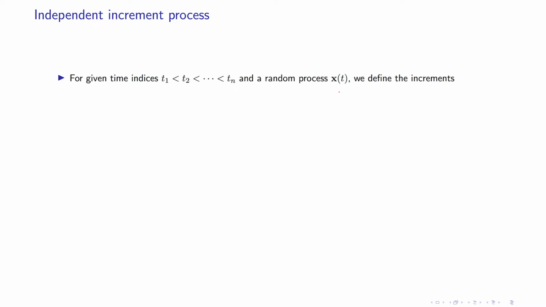So we call a random process independent increment. To do that, we need to define increments of a random process. Suppose that you have x of t, this is time t, and then you take some arbitrary time instances. Let's say this is t1, and then t2 is bigger than t1, and let's say this is tn.